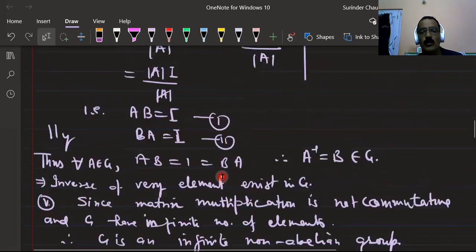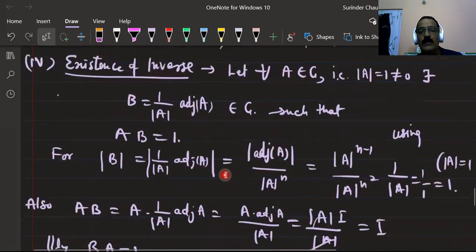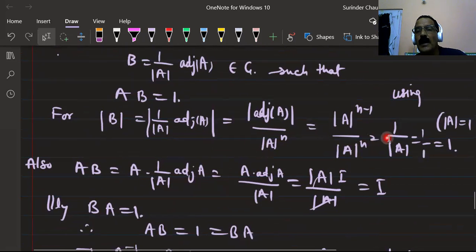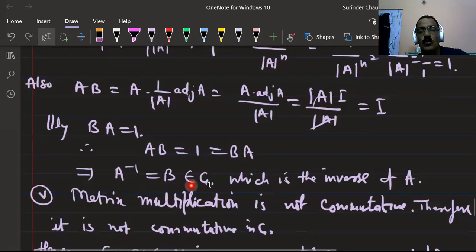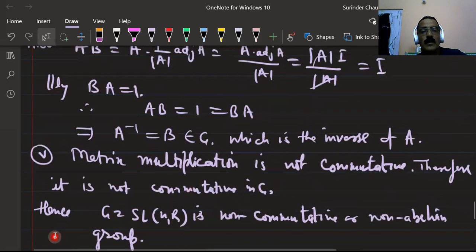Hence B belongs to G, and AB equals BA equals I, implying A inverse equals B, or B inverse equals A. Matrix multiplication is not commutative, therefore G is not an abelian group.